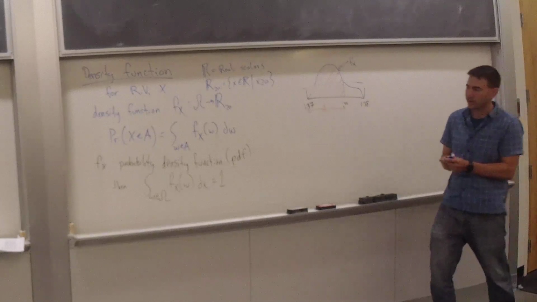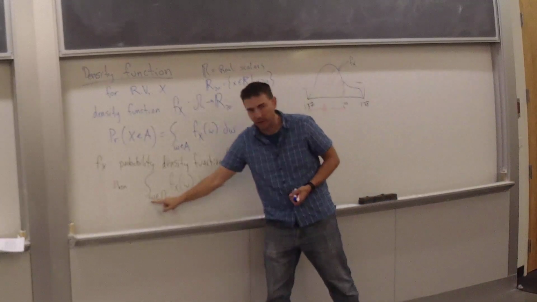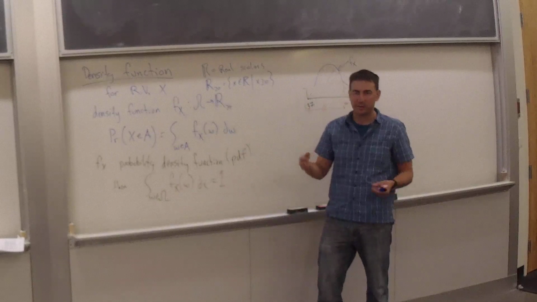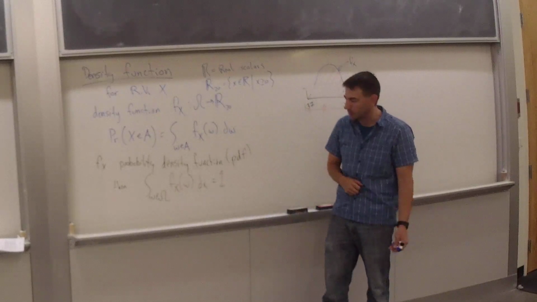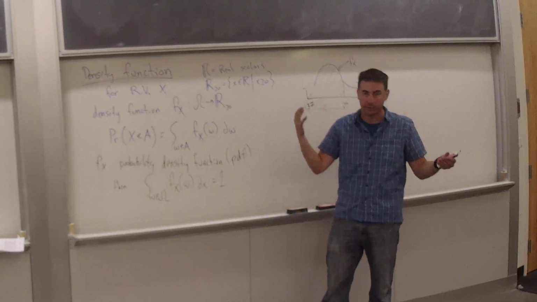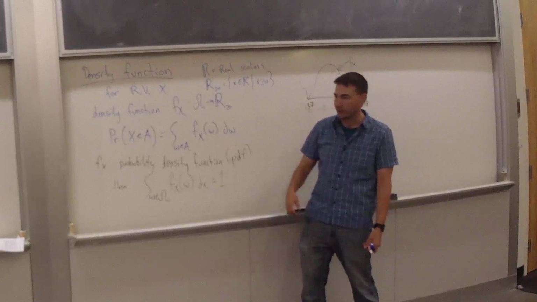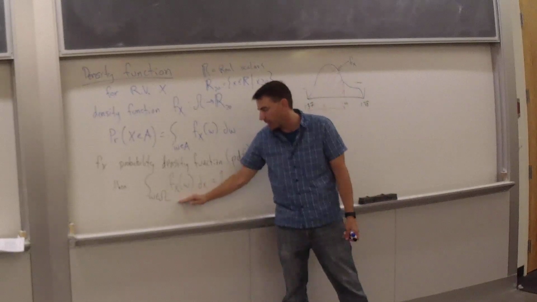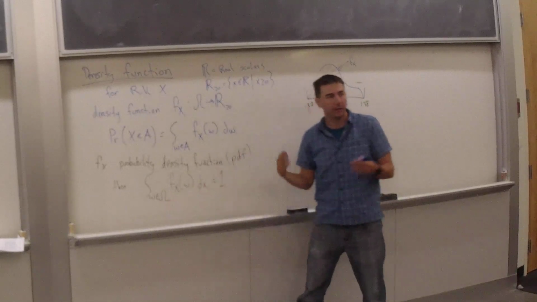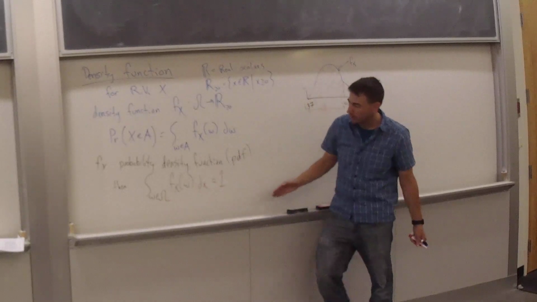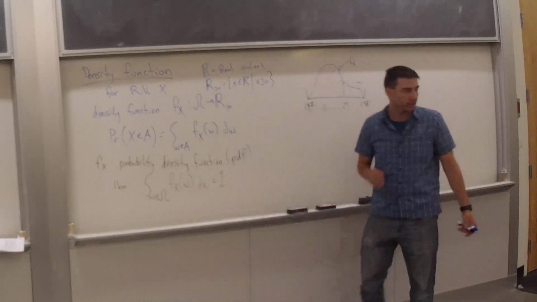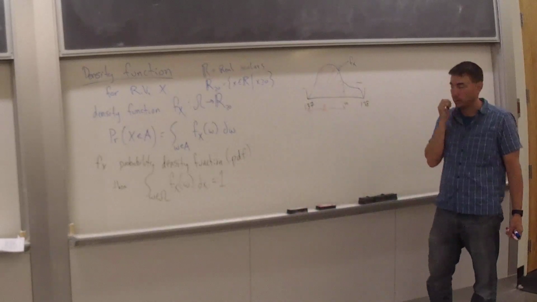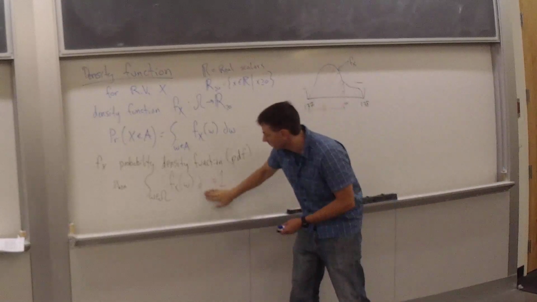Each possible outcome is disjoint from all other possible outcomes, even in continuous mathematical definitions. So I can apply the law of total probability, and this is a disjoint decomposition of the entire domain, and I know the probability of the entire domain is 1, so this integral has to be 1.